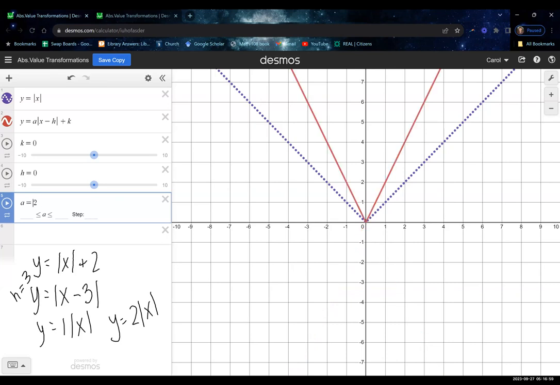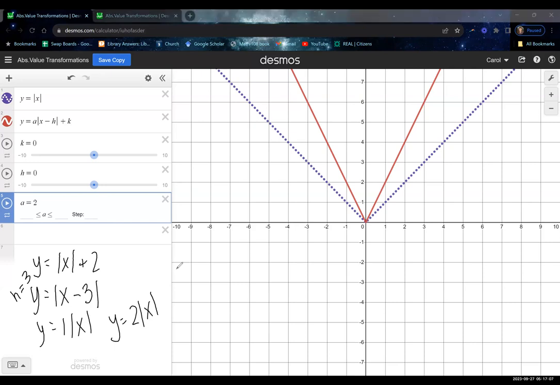So let's say, I'm going to write again. y equals negative 2 absolute value of x minus 1 plus 3. Okay, so the negative is going to flip it down. The 2 is going to stretch it. And we're going to have absolute value of x minus 1. So it's going to go to the right one, right? Because it's minus, it's going to do the opposite. And up 3. Let's see what happens.